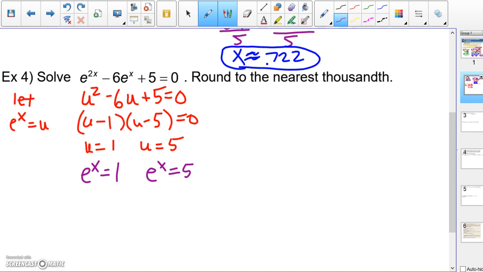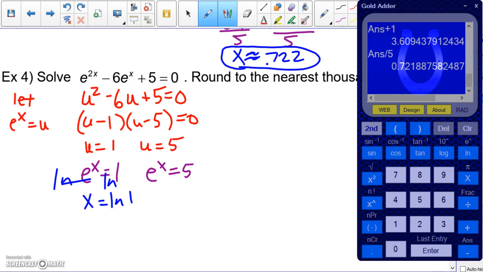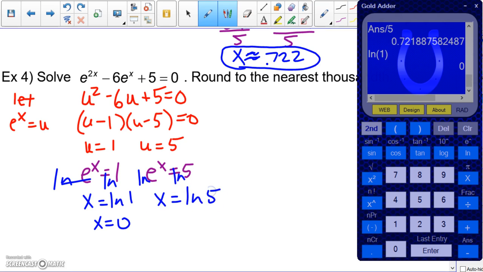We can solve either one of those by taking a natural log of both sides. x equals natural log of 1, which is 0, or natural log of this side, we'd get x equals natural log of 5, 1.609.